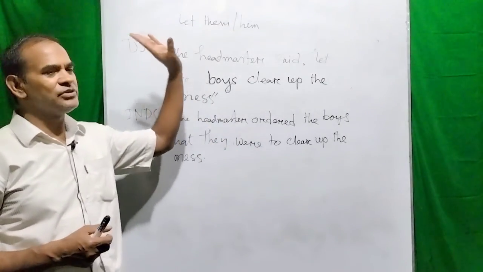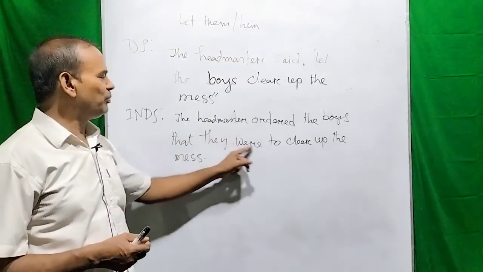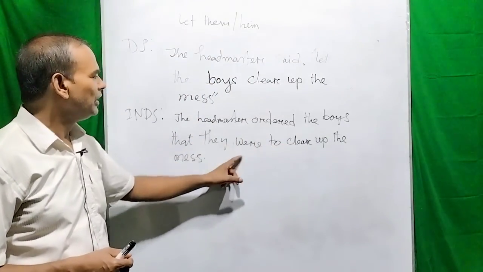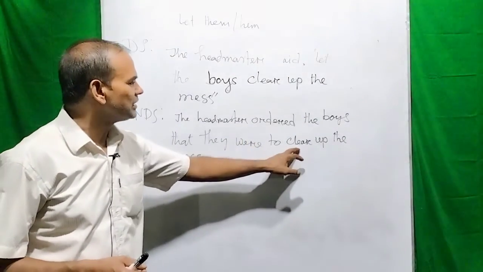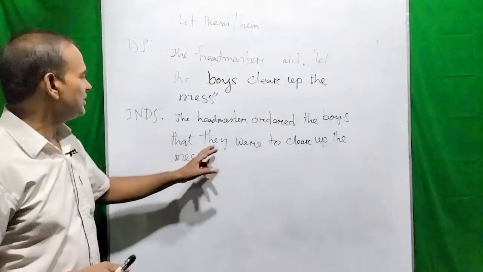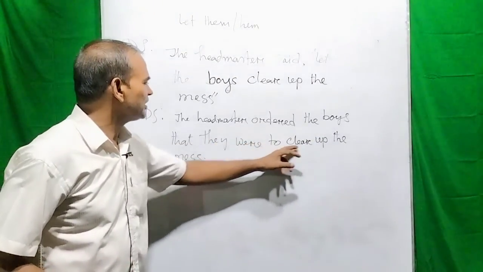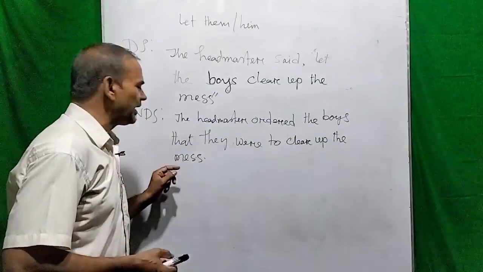If let gives the sense of order, we have to use the be plus infinitive construction. You see where the be is here, and to plus clear up is the infinitive. So this is the be plus infinitive construction: they were to clear up the mess.